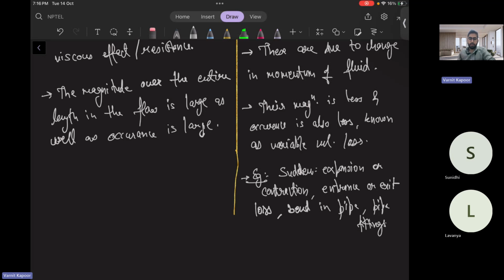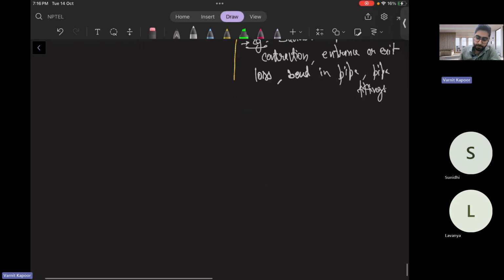Okay. So we have seen all the major losses so far. I'll write the expressions for all of them again. One way is the Darcy-Weisbach equation, and the other way is the Chezy equation, for major losses.